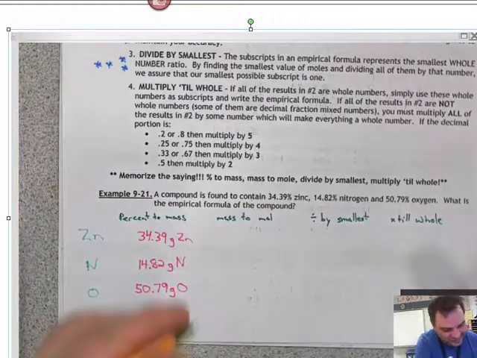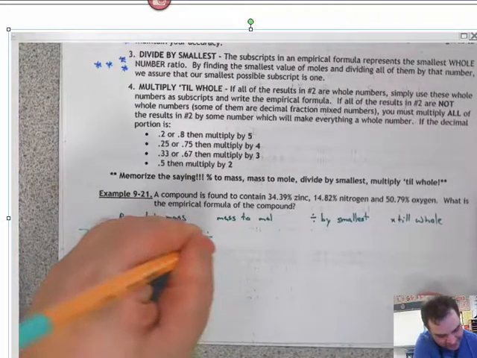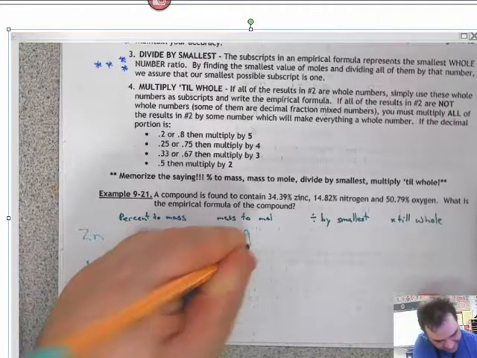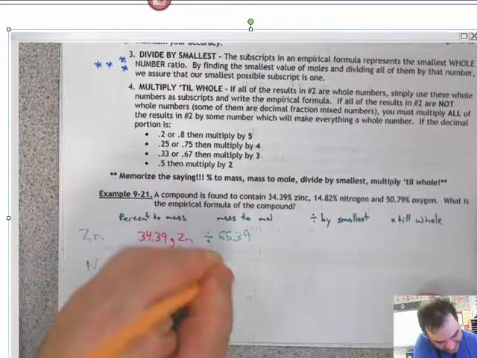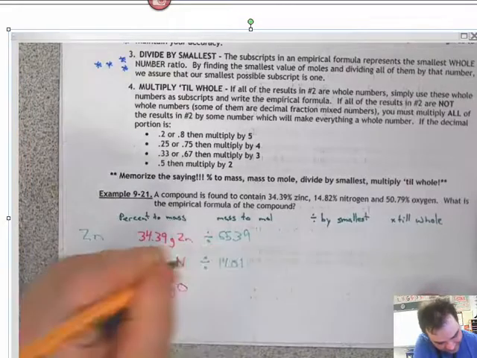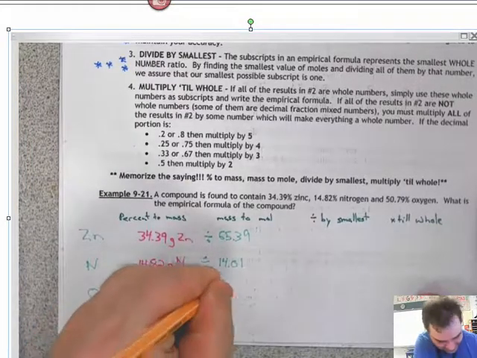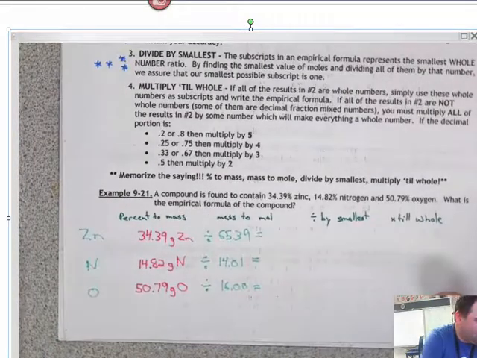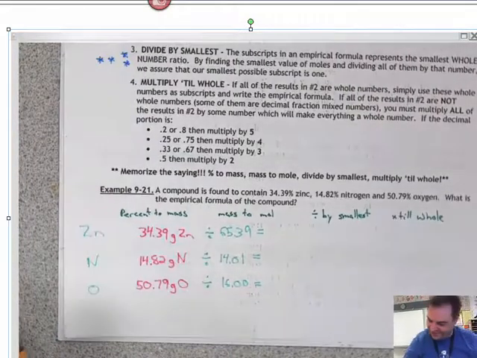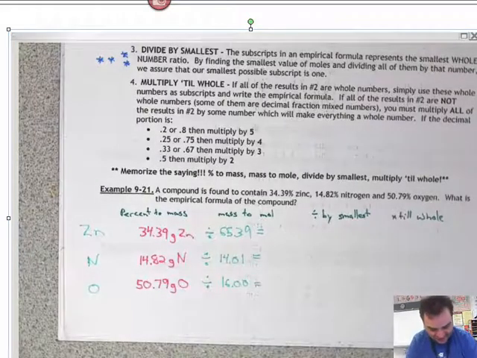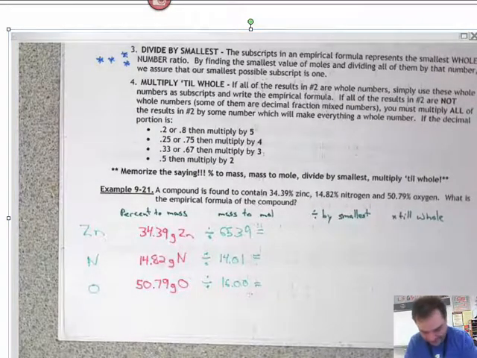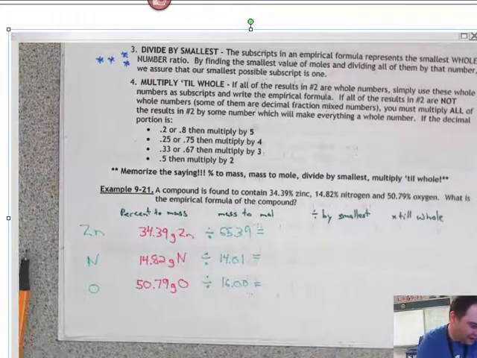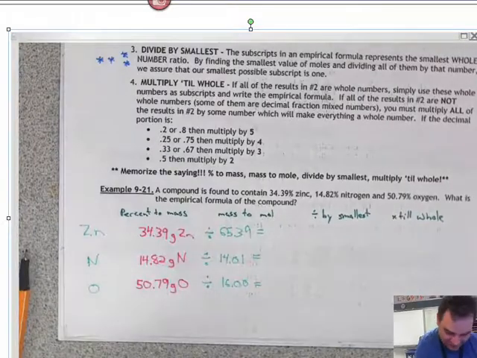Then we divide by the molar mass of each one of these elements. So this is going to be 65.39, divided by 14.01, divided by 16.00. Do not round these numbers when I do this. So I do 34.39 divided by 65.39. I write out a bunch of numbers, what do I mean?